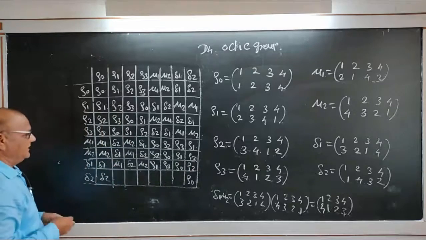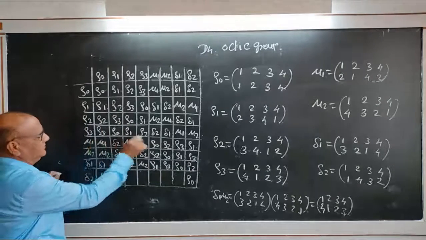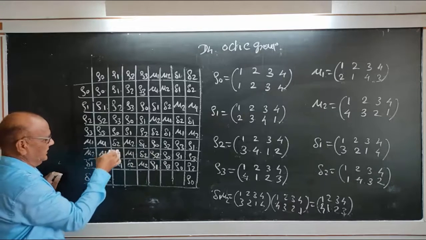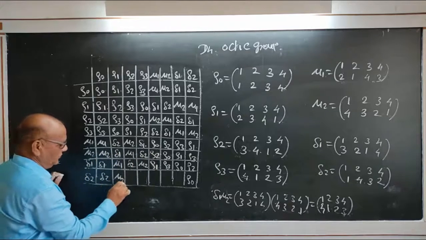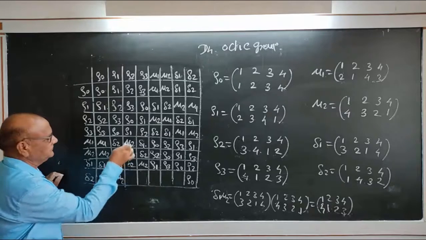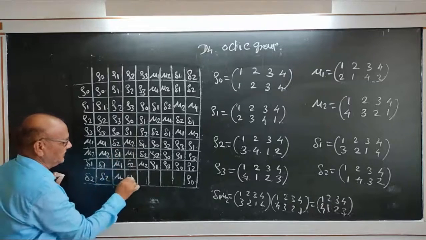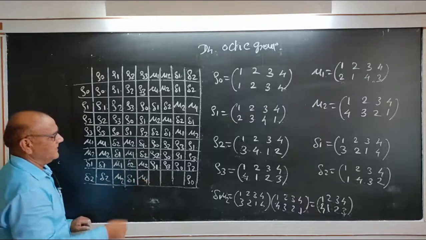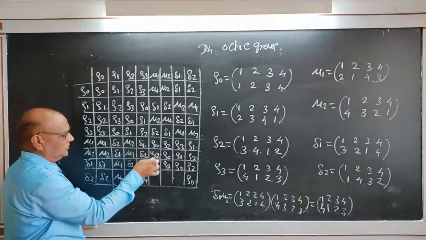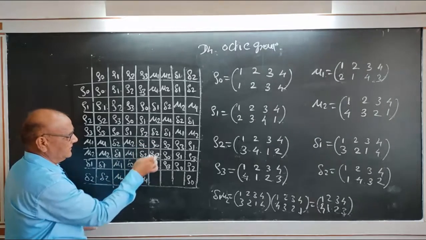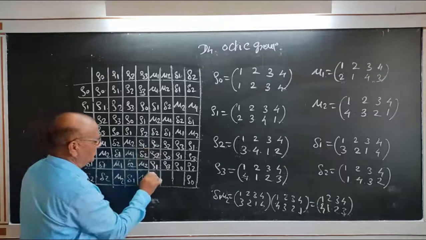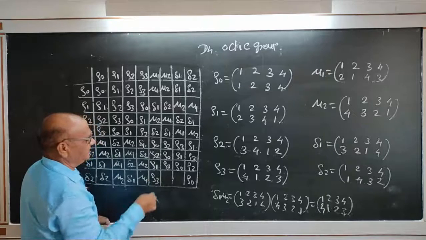And yes, here in this delta 2, delta 1, here mu 2. Mu 2, mu 1, delta 2, delta 1. Here mu 1. Here row 0, row 2, row 1. Which remaining? Row 0, row 2, row 3.